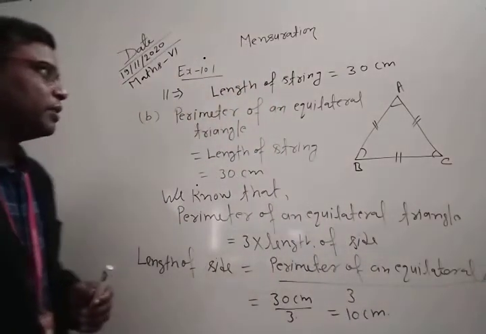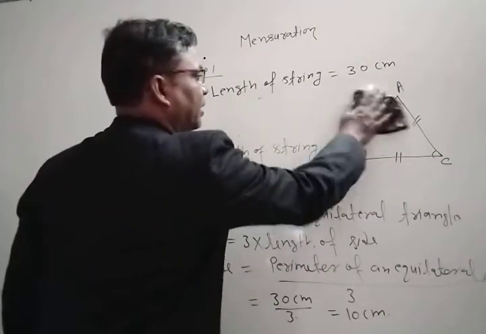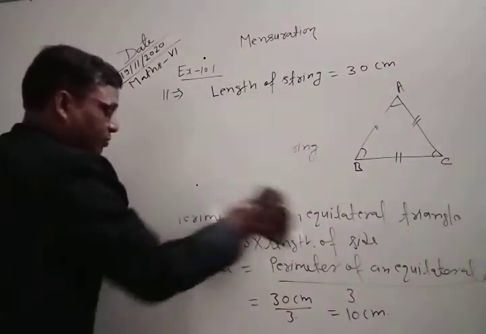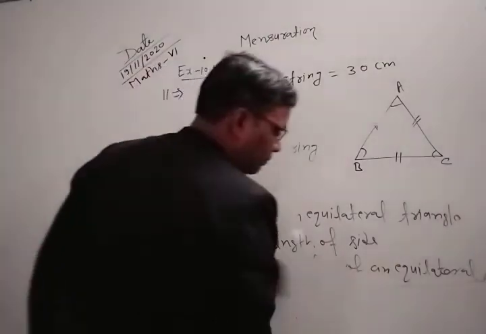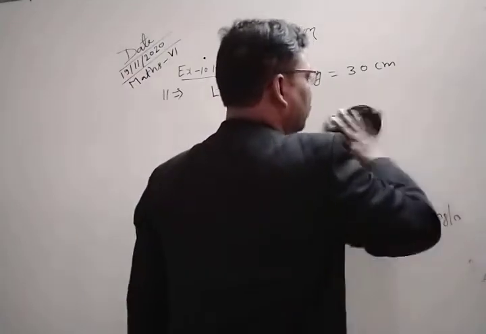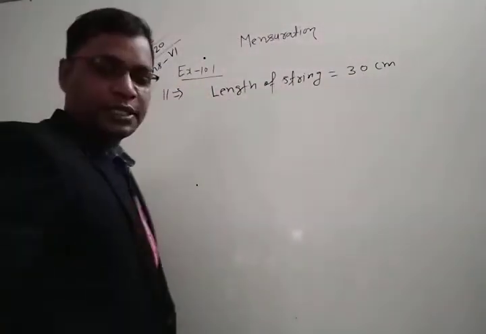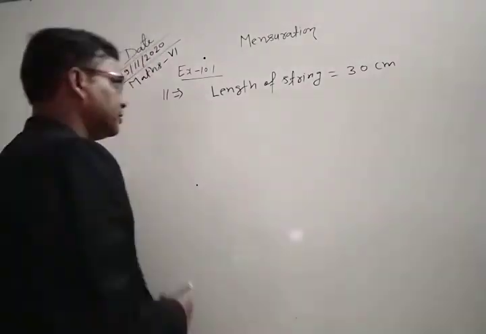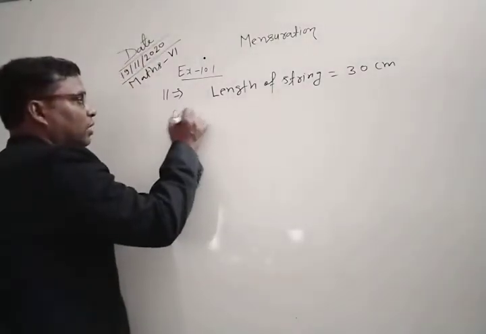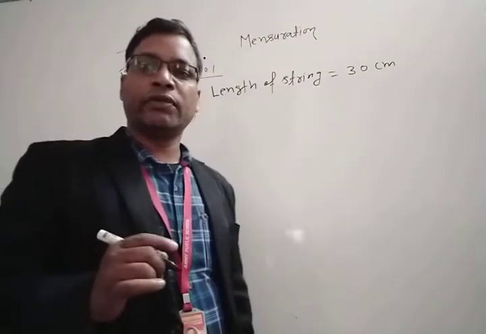First we erase this, and after this we find the length of the side of the regular hexagon. In this question, a string whose length is 30 centimeters is given, and we form a regular hexagon from this string.